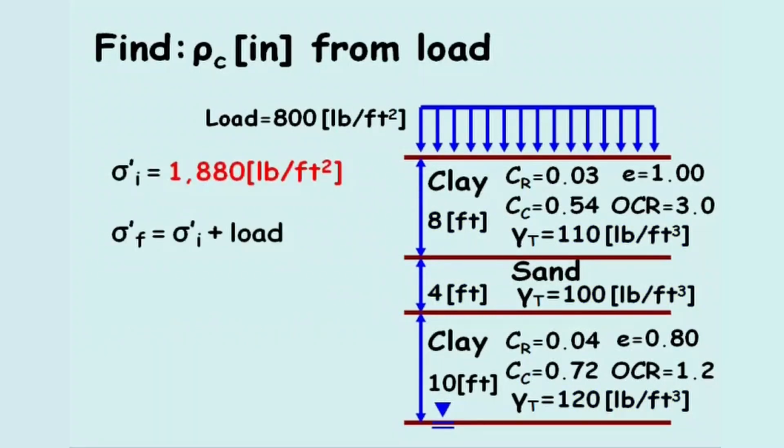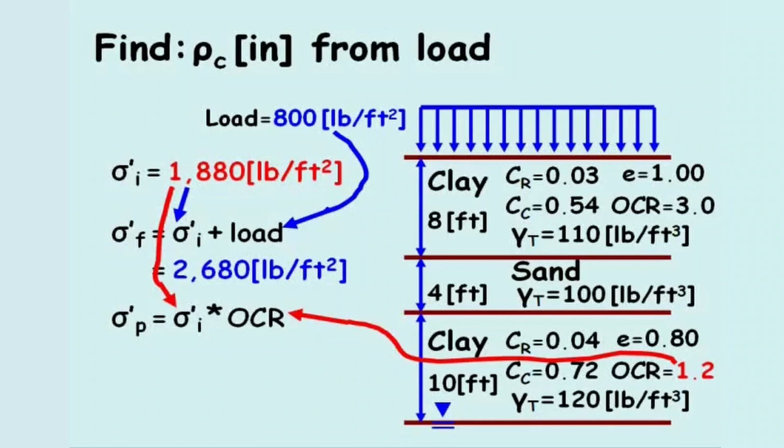After adding the load, we calculate the final stress value to be 2,680 pounds per square foot. For this lower clay layer, the pre-consolidation stress calculates to 2,256 pounds per square foot.